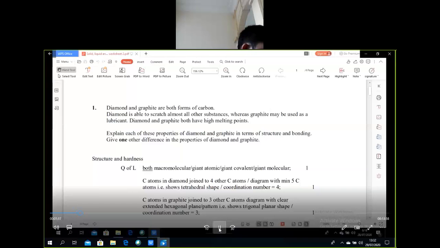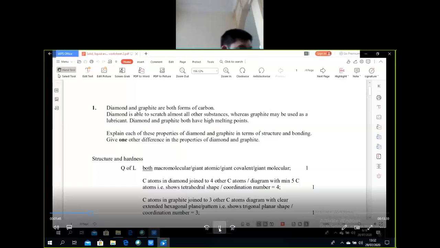Okay, in structure and bonding, let's discuss from the perspective of structure and hardness. Both of them are macromolecular, giant covalent networks. The difference is in diamond, one carbon atom is joined to 4 different carbon atoms.